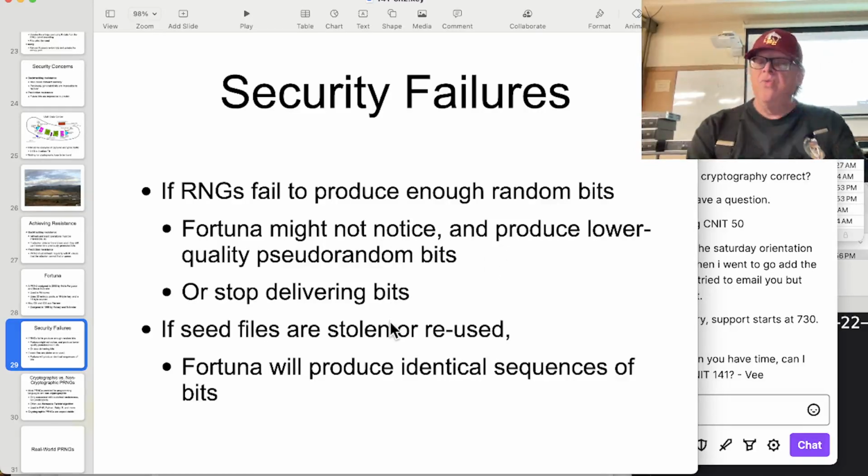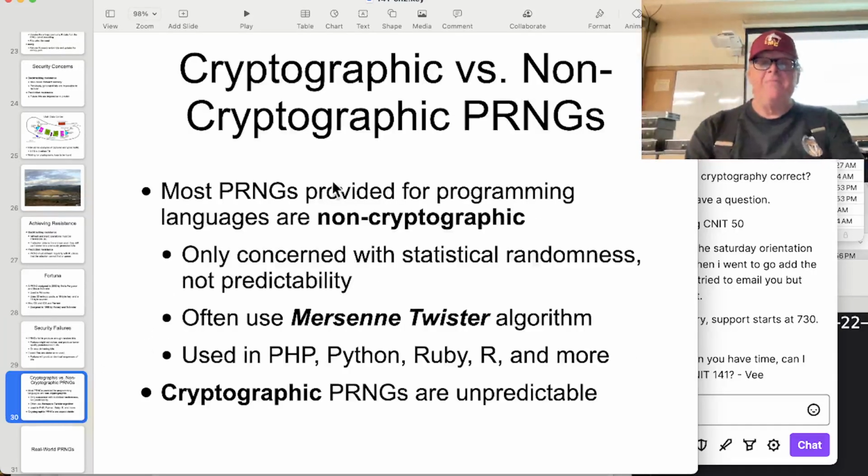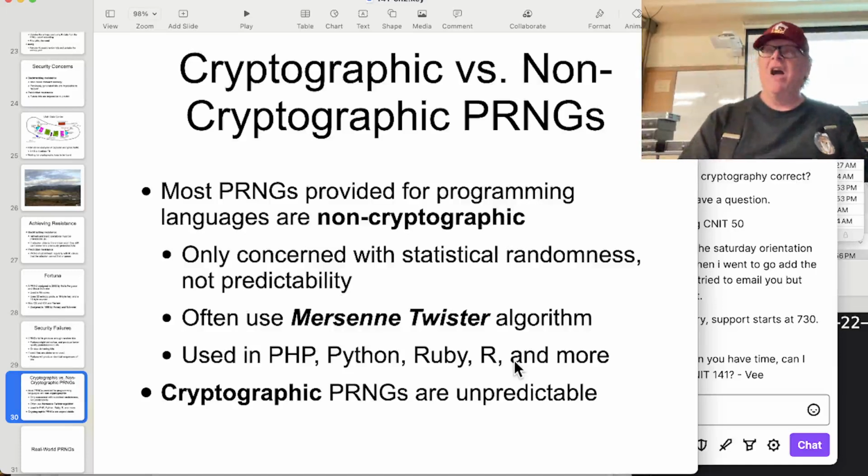Now, if you were to reuse the same seed files, then you would get an identical sequence of output bits. So most of these things are called non-cryptographic. They create statistical randomness, but they don't worry about predictability. This is what a lot of the random number generators in programming languages are like. Therefore, there are a lot of people that write software without understanding that the normal random number generator is not good enough for cryptography. You have to get a better one.